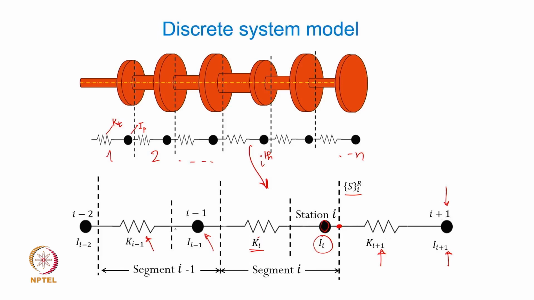In this case, we are defining the right hand side of the inertia element, which is station i.